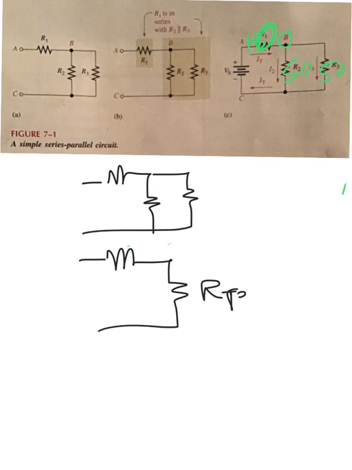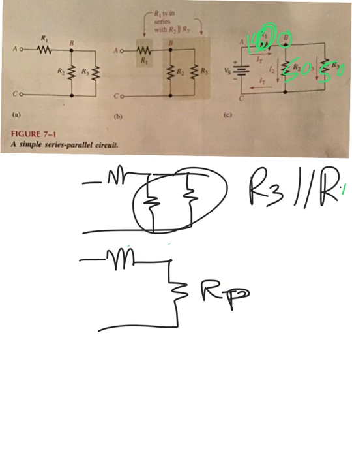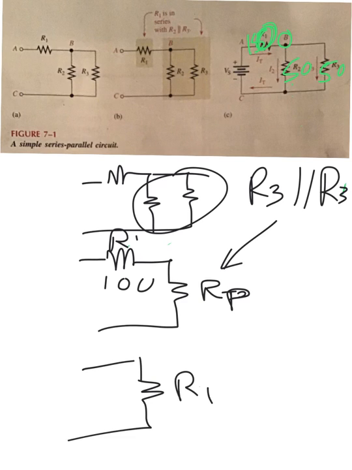Let's see if we can do that. We would take this and do R2 in parallel with R3 to produce the parallel value. We would still have 100 ohms on R1, and then we would draw another picture, and we would have RT, which is R1 plus this value here that we calculated. That would be the RT of the whole circuit.